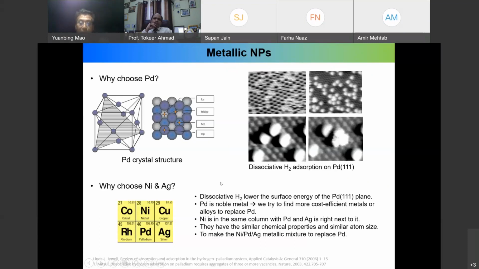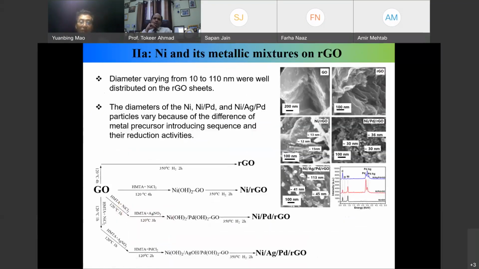So that's what we started with. What we did is we started by making the graphene oxide, and then reduced it. We can reduce the graphene oxide by hydrogen, and then we also functionalized it with metal particles.